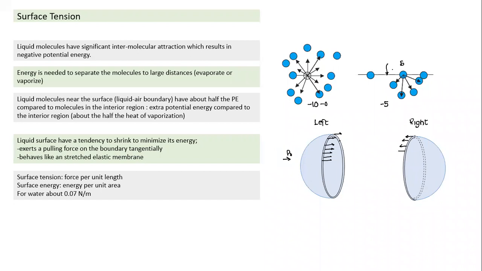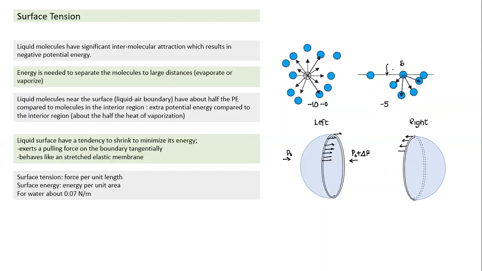Since all these forces act leftwards, the pressure inside the bubble has to be greater to compensate for the leftward force. So the inside pressure has to be greater than the external pressure. When we equate these forces, this is the equation we arrive at.